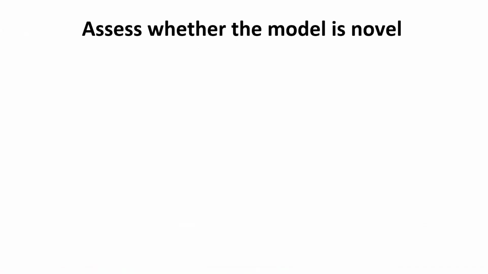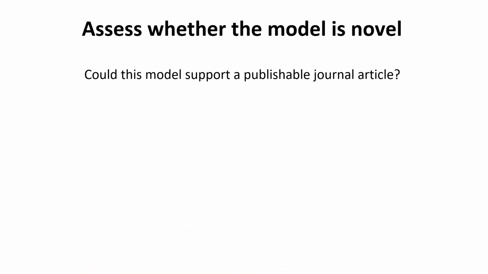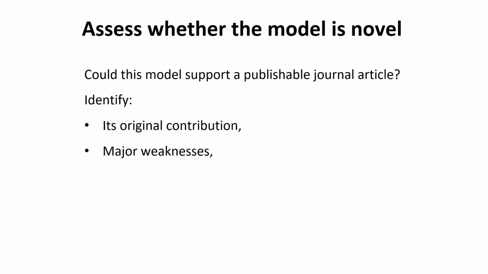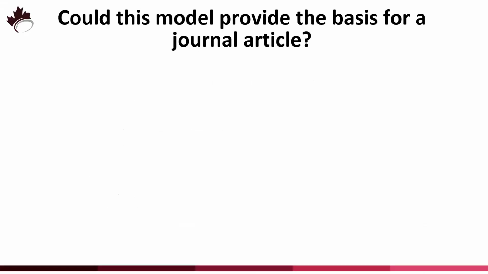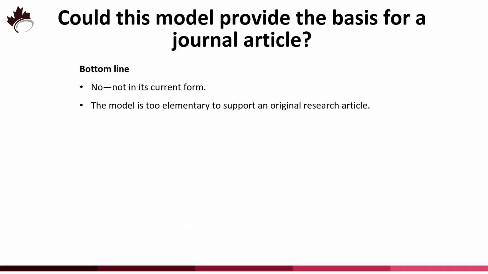So I asked AI to assess novelty in this model, and I asked, could this model support a publishable journal article, identify the original contribution, the major weaknesses, the evidence required, the suitable journals. So I asked ChatGPT, could this model provide the basis for a journal article? And it said no, not in its current form. The model is too elementary to support an original research article.